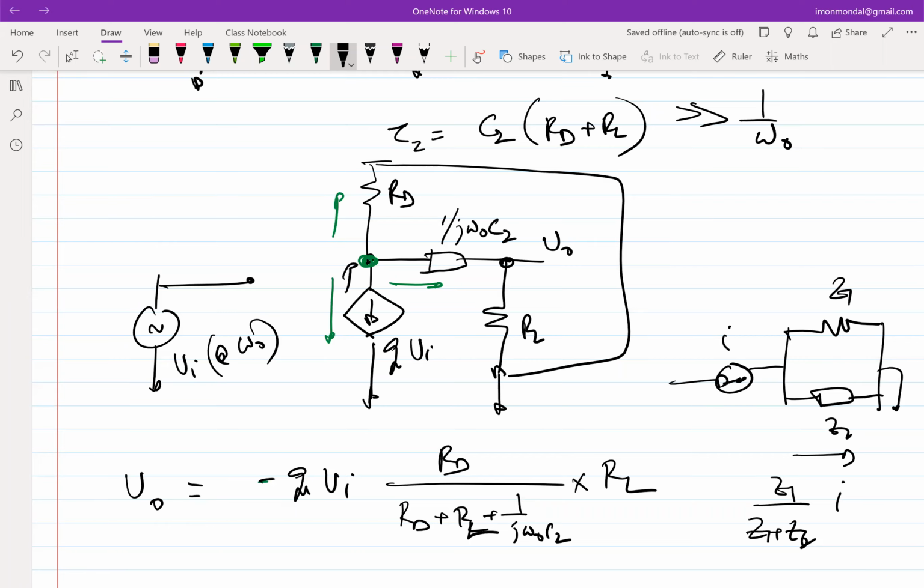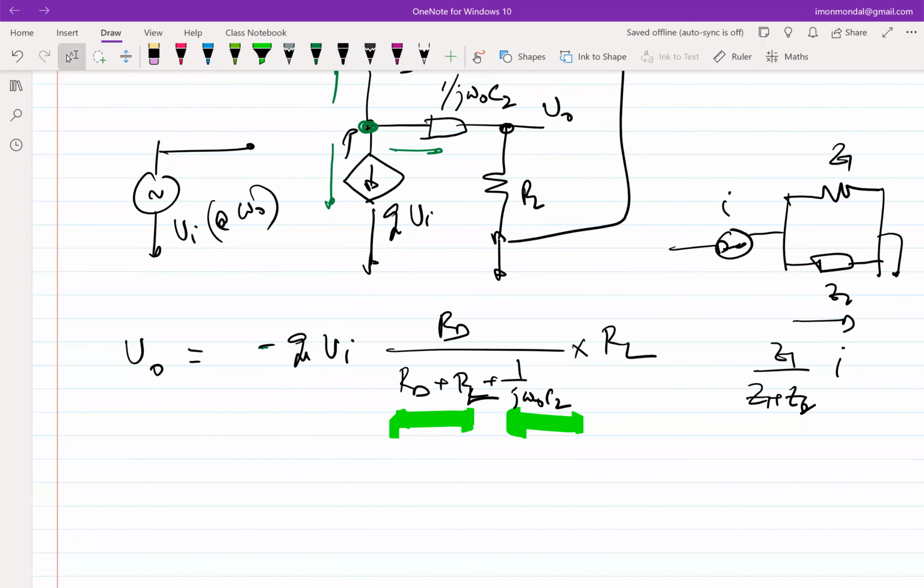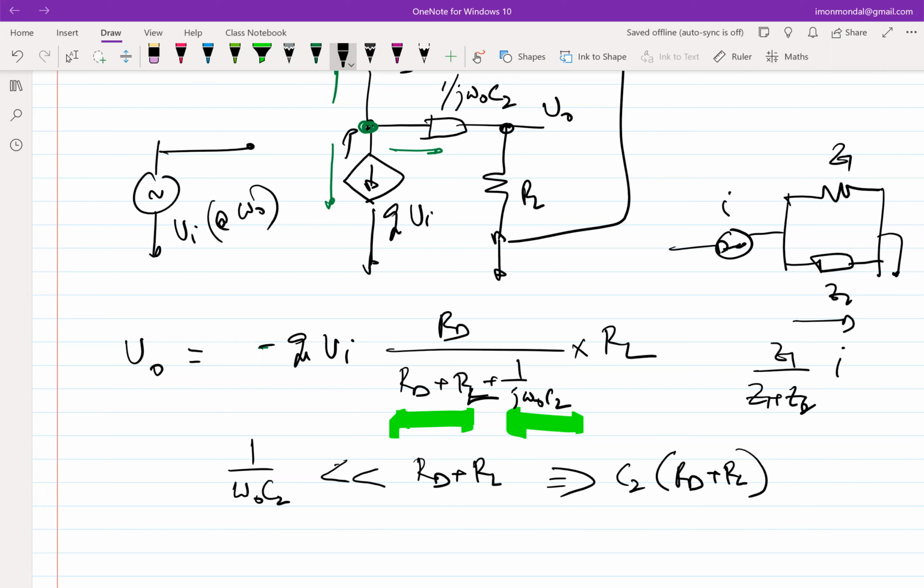In this case, if the capacitor is supposed to act as a short, I want this term to be much less than this term, which means you come up with the same constraint: 1 over omega naught C2 should be much less than RD plus RL, which in terms of time constant means C2 times RD plus RL is much greater than 1 over omega.